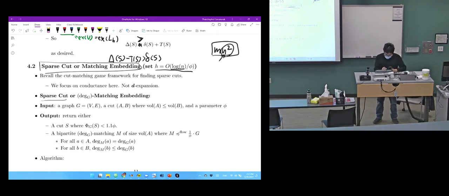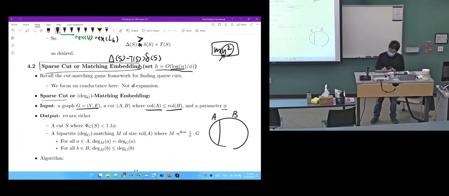So specifically, the problem is here. You're given a graph, and you are given A and B, and the volume of A is less than the volume of B, and some parameter phi. And we want to find a cut which is sparse.